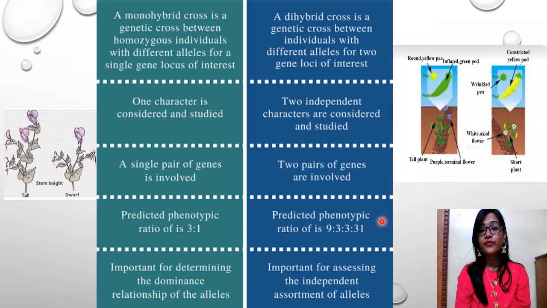In a dihybrid cross, the phenotypic ratio is 9:3:3:1. The monohybrid cross is important for determining the dominance relationships of the alleles, and the dihybrid cross is important for assessing the independent assortment of the alleles.